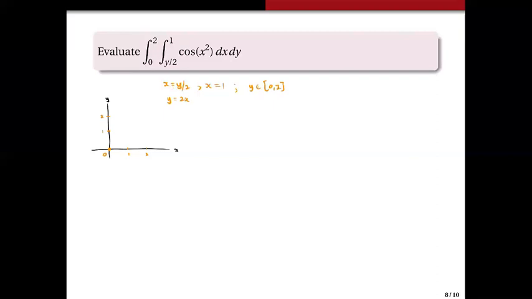So this means that your x here will run from 0 to 1. Correct? So the line y equals 2x will be this line here. Let's just continue that one. This is your line y equals 2x or x equals y over 2.